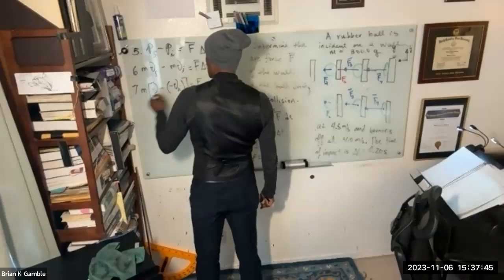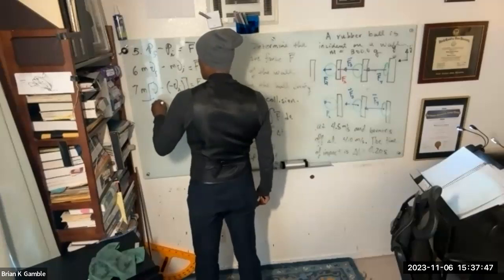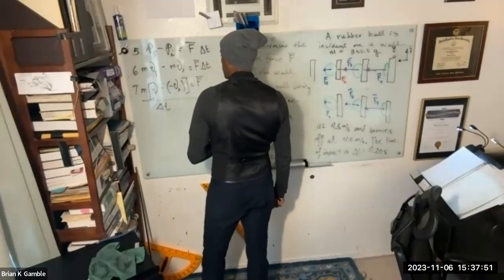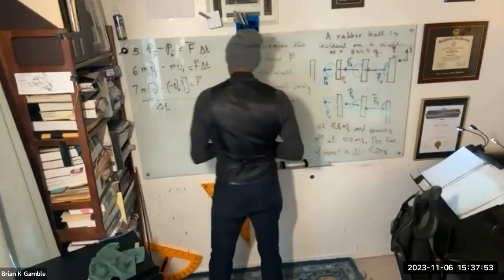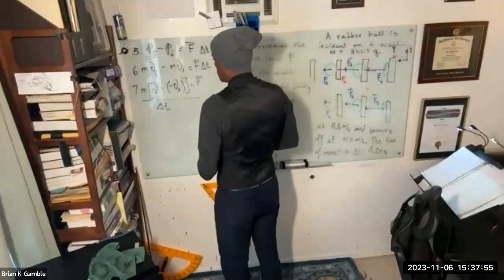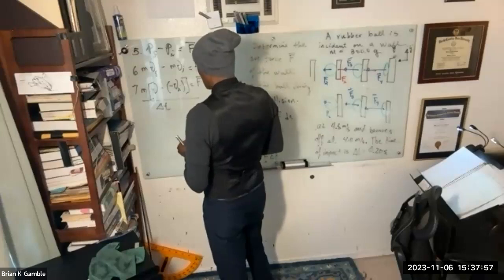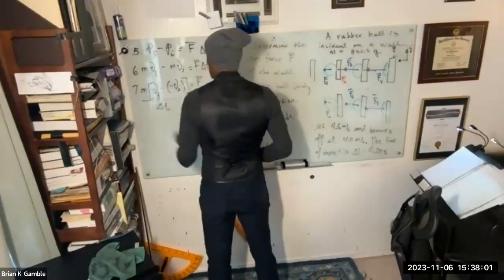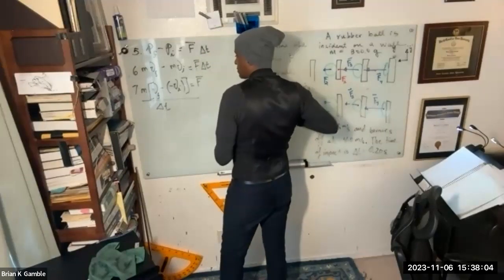Equals average force, and just divide by delta T. So that's going to give it to you. That's the same as V final plus V initial magnitude. So, yeah, I just box that in.